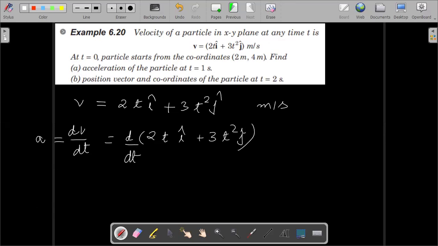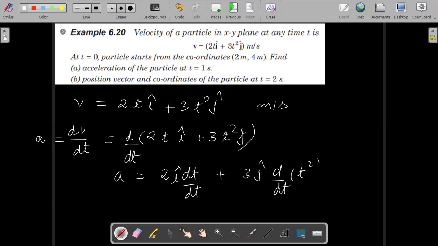Then a will be equal to 2 times dt by dt i cap plus 3 j cap d by dt of t squared.